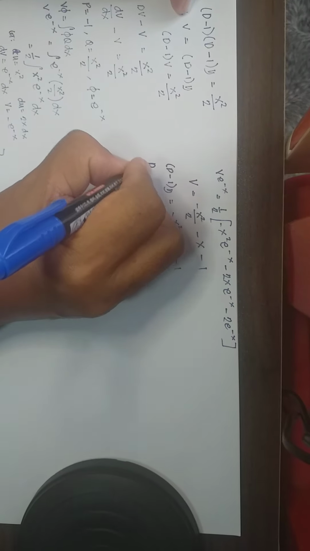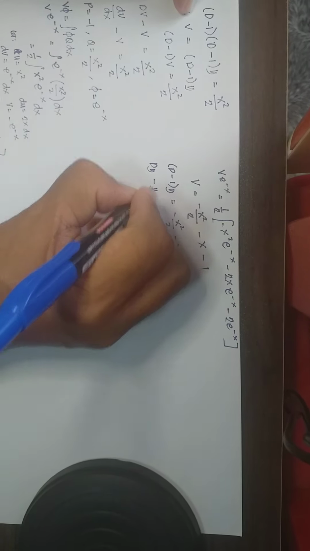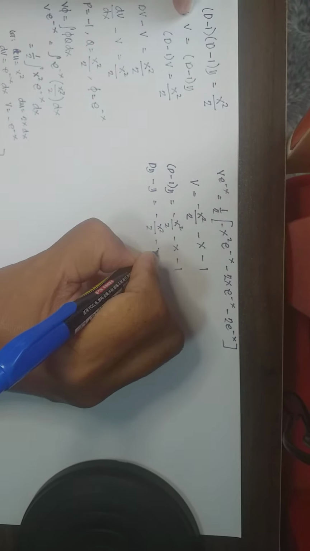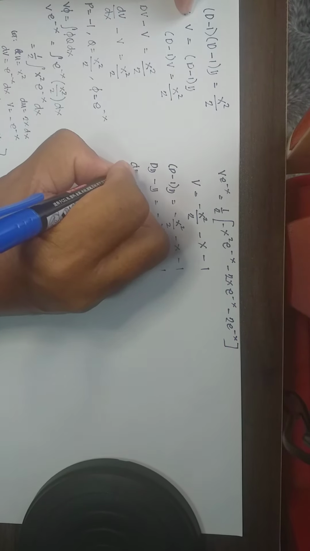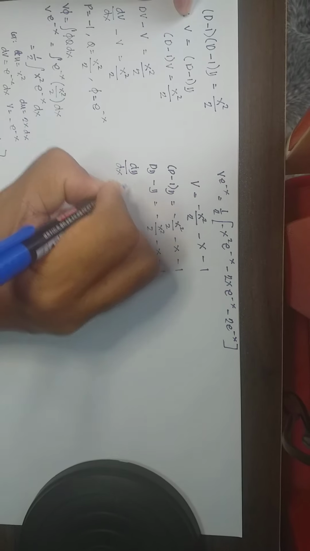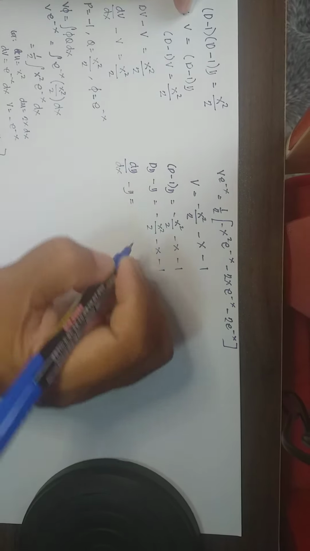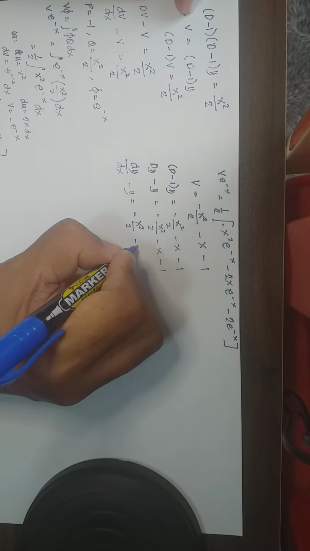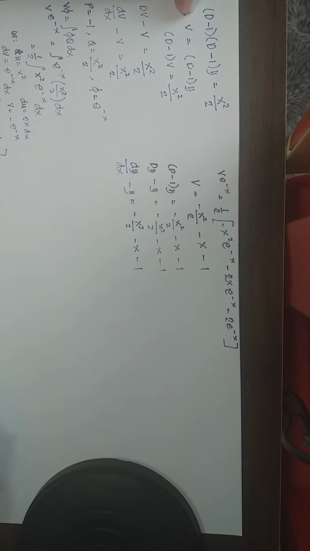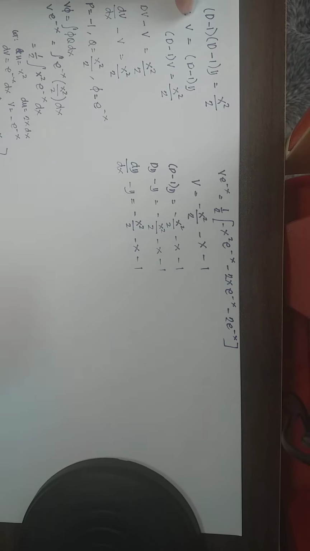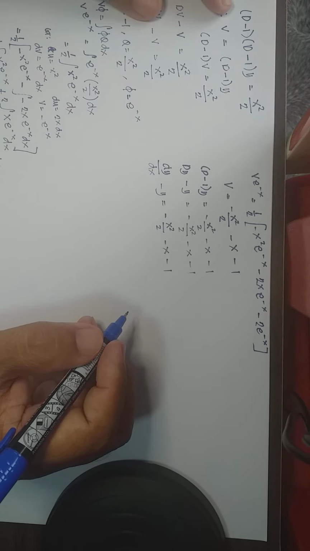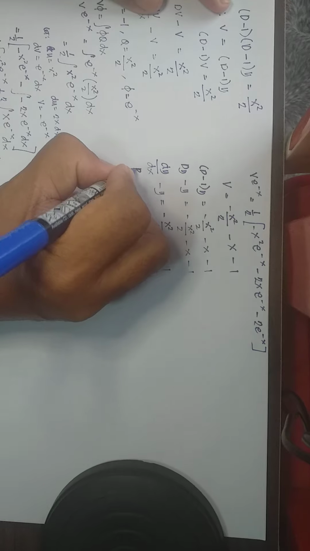So we have dy minus y is equal to negative x squared over 2 minus x minus 1. Or we can write this as dy over dx minus y is equal to negative x squared over 2 minus x minus 1.